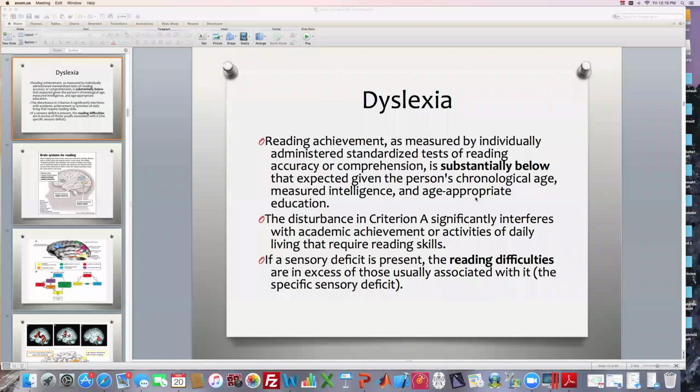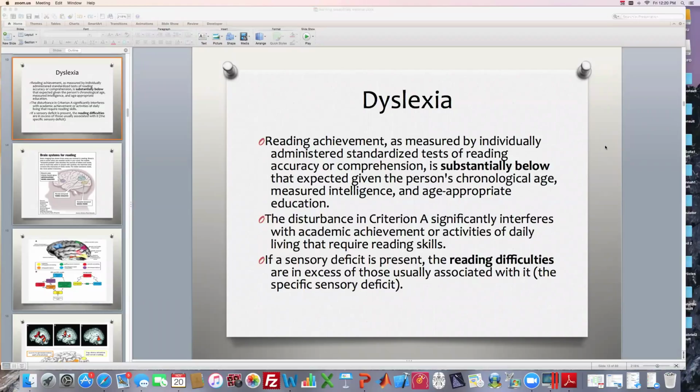I don't see any questions, so we'll keep moving on here. The primary type of learning disability we're going to talk about is dyslexia. Of course, dyslexia is a delay in reading achievement as measured by individually administered standardized tests of reading accuracy, fluency, or comprehension, and is substantially below that expected given the person's age, intelligence, or other educational variables.